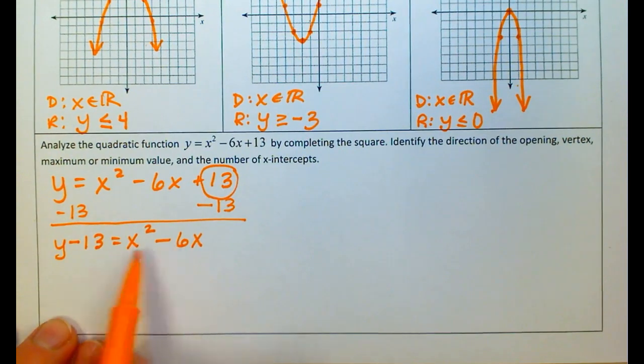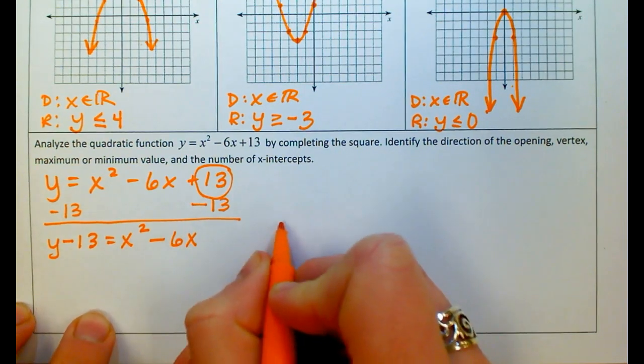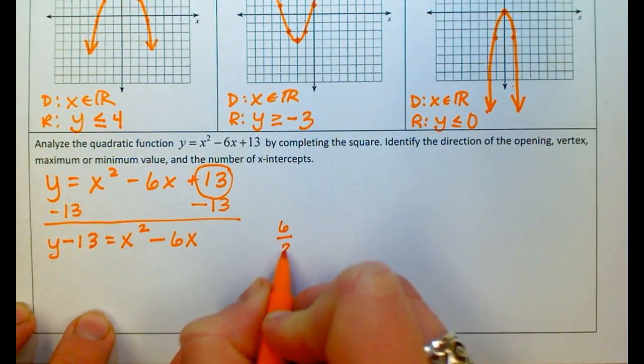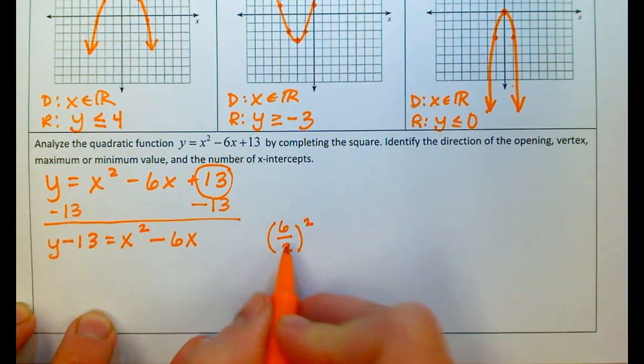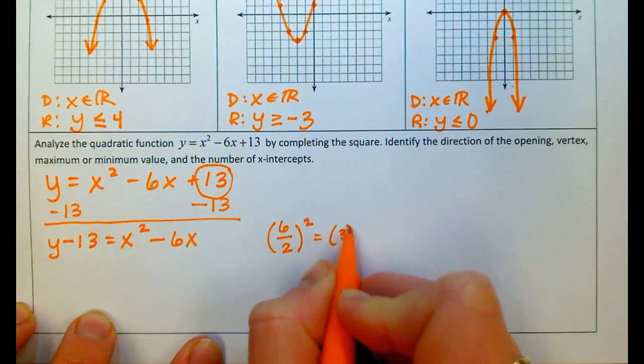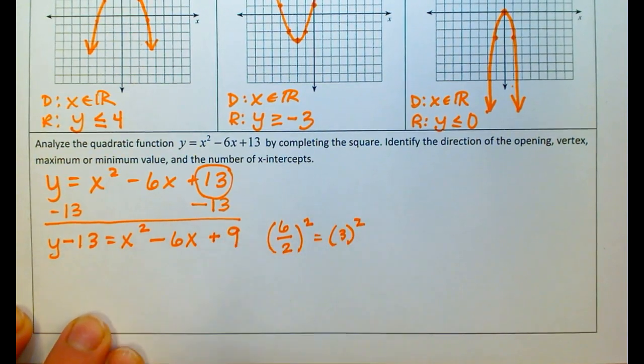Now I'm going to complete my square to make a perfect square trinomial. I take my b term, which is 6, divide it by 2, and I square it. Well, 6 divided by 2 is 3. 3 squared is 9. So I'm adding 9 to complete my square.